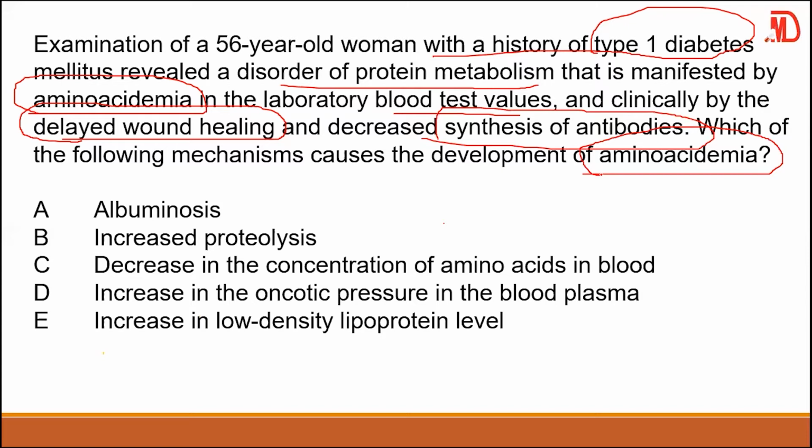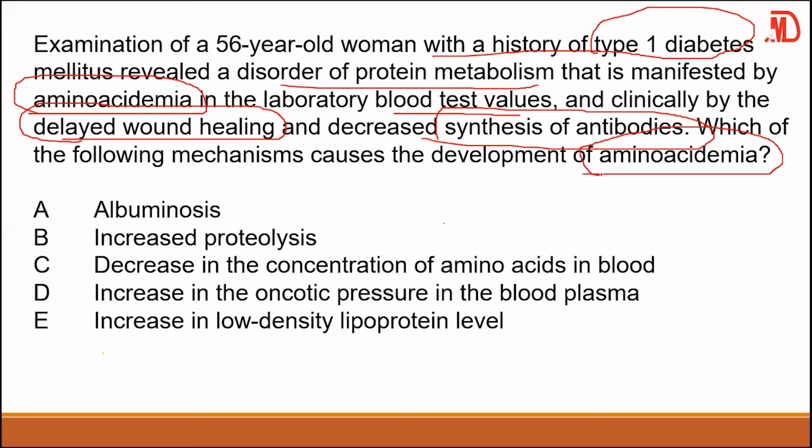So the question now is, what could be the mechanism of action? And don't forget, amino acids are the building blocks, the smallest unit of proteins.